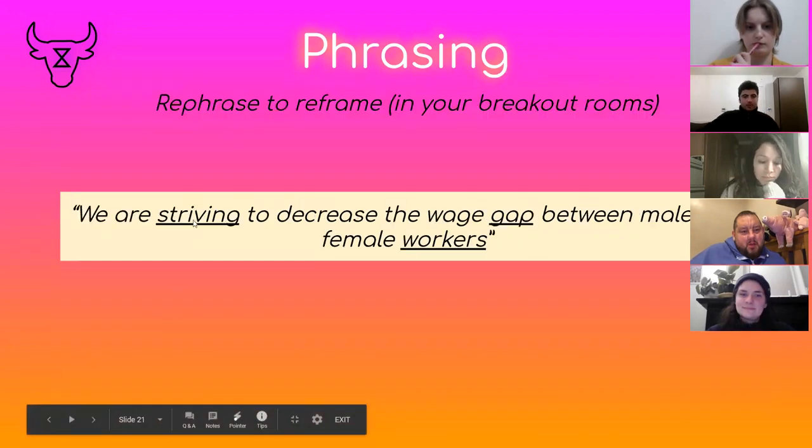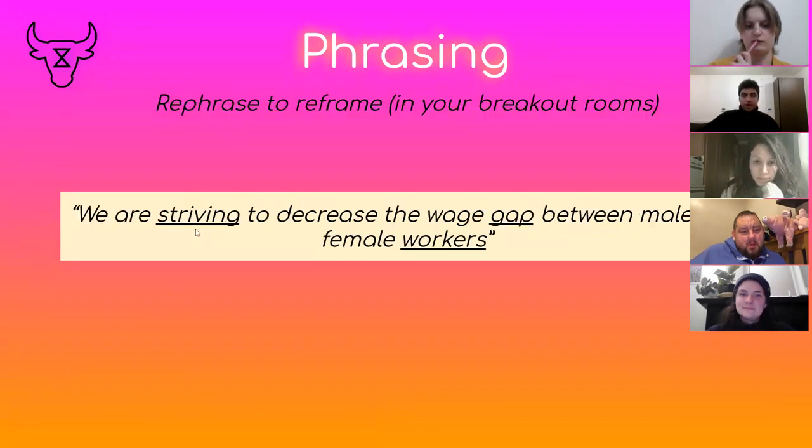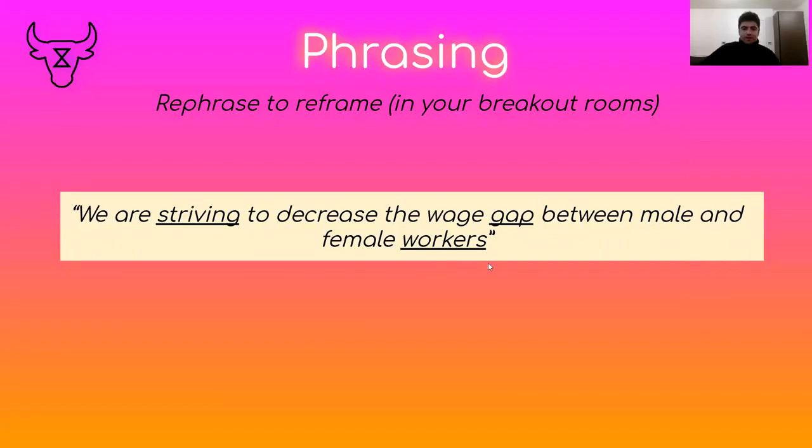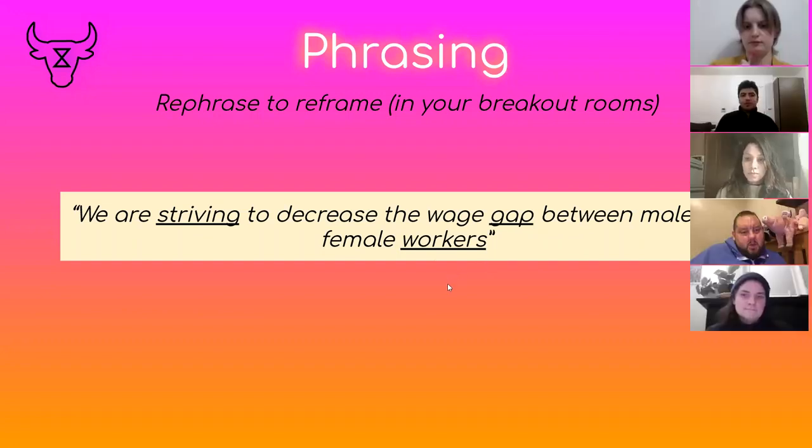So we have striving, which is the hedge. We're striving, we're trying. We have the wage gap, similar to the example we went through about the north-south divide. And then we have workers as well. Think about the terms workers and employees.